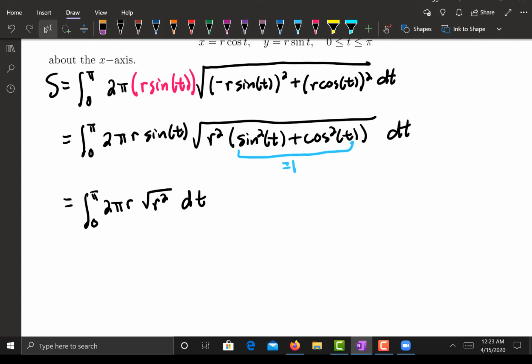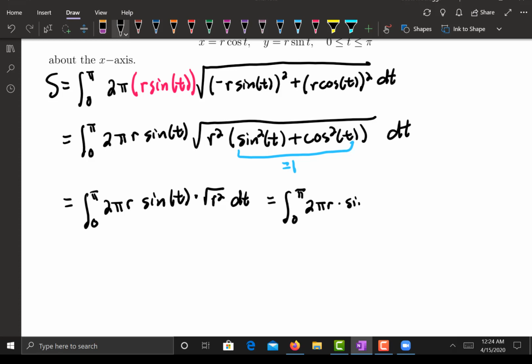Oh, and I forgot the sine of t. My bad. It should be sine of t times the square root of r squared dt. Simplify that. I'll have the integral from 0 to pi of 2 pi r times sine of t times r dt.